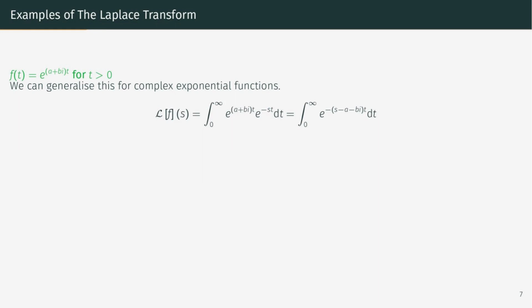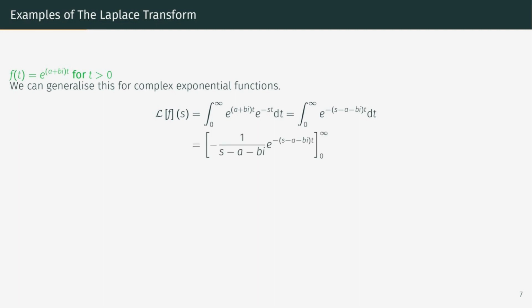Following the same procedure, we can input our function such that the Laplace transform of f equals the integral of e to the a plus bi times t times e to the negative st dt from 0 to infinity, which again, through basic algebra, leads to e to the negative s minus a minus bi, all times t, dt from 0 to infinity.